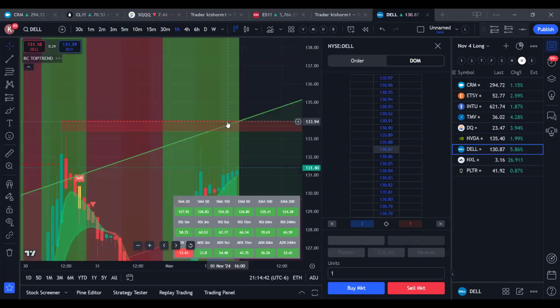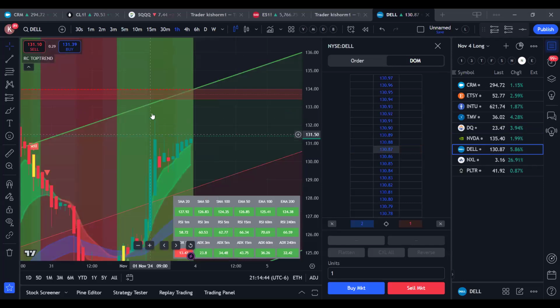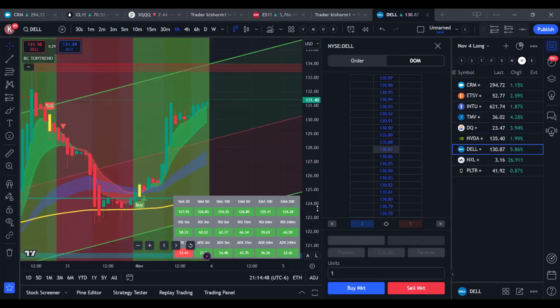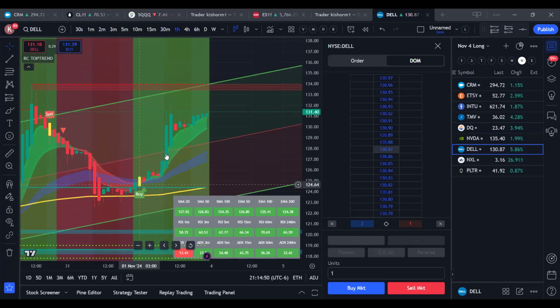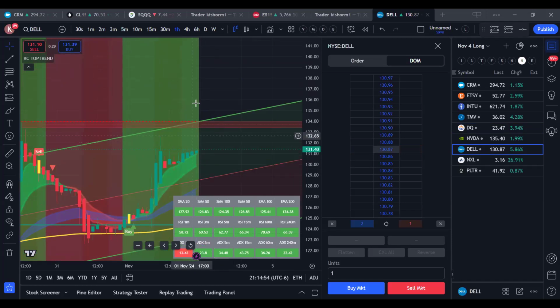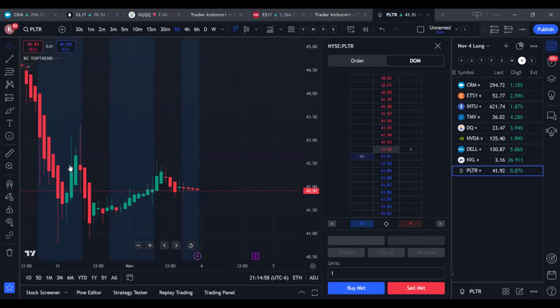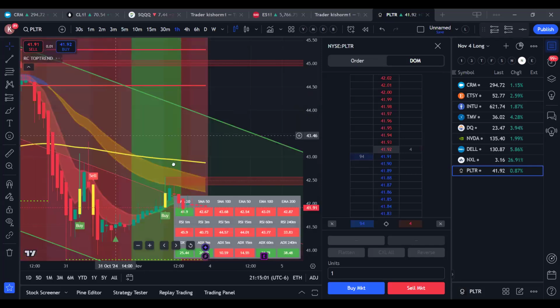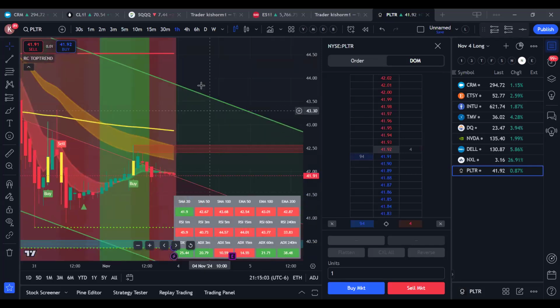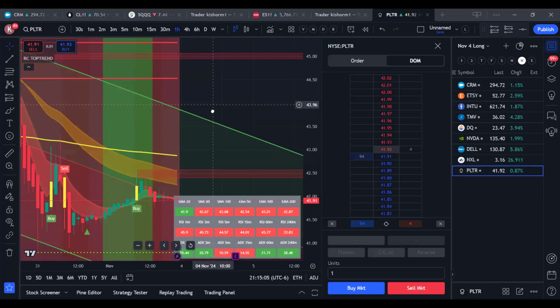Dell can reach 134. PLTR is also looking very bullish tomorrow. We may see 44.